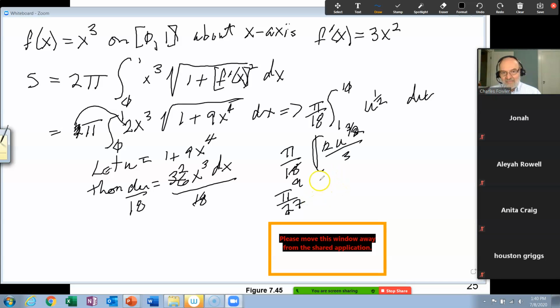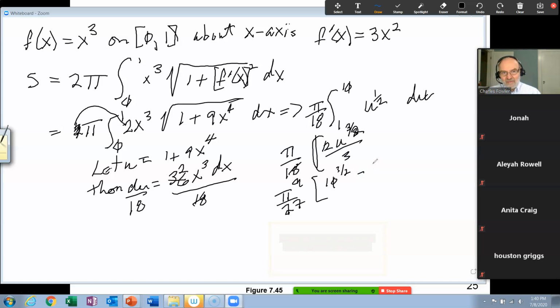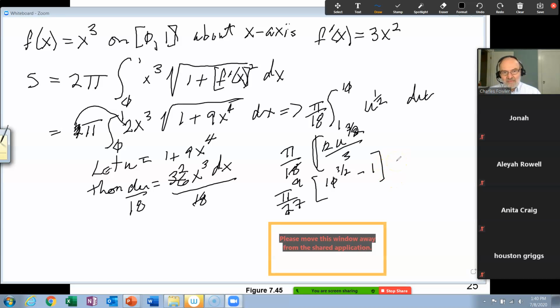And then we have 10 to the 3/2 power minus 1, because 1 to the 3/2 power is 1. And I've already evaluated it. This is going from 1 to 10. I forgot to write that down.